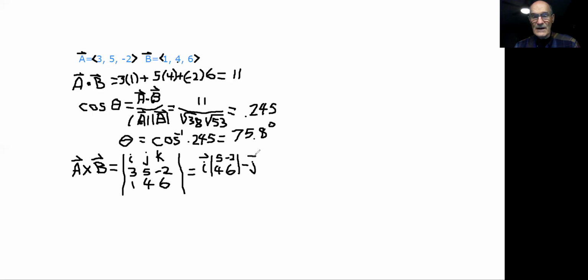And then I do its minor, which is, similarly, I cross off the row and the column, so I have the 3 and the -2, and then the 1 and the 6.